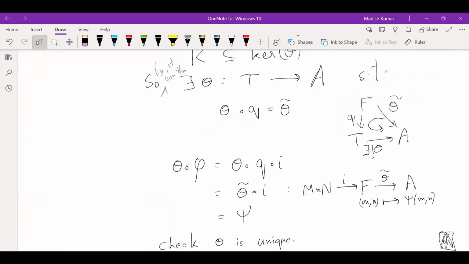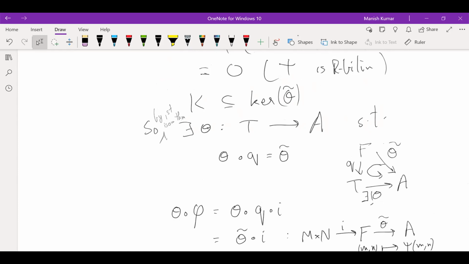So we get this map theta from T to A. This doesn't prove uniqueness. The first isomorphism theorem says there is a unique theta which will make this diagram commutative, but that doesn't prove the uniqueness of theta.